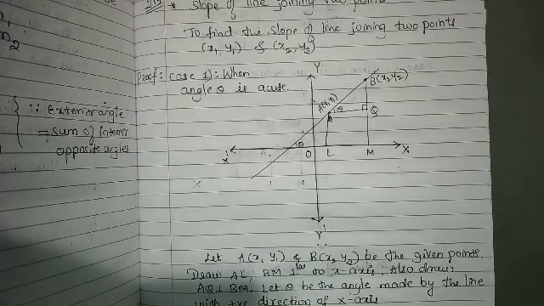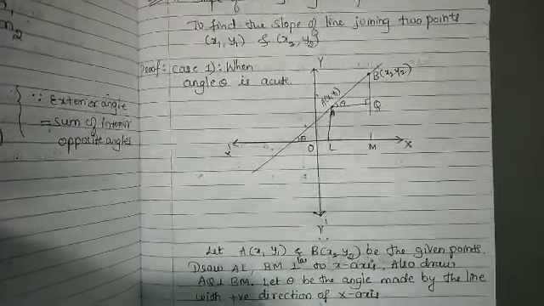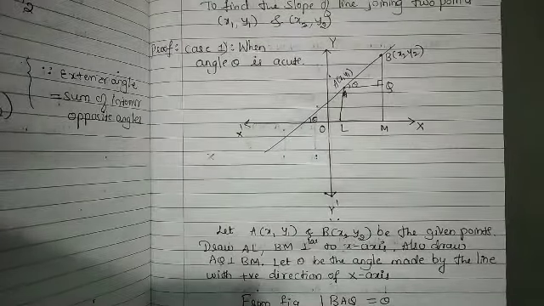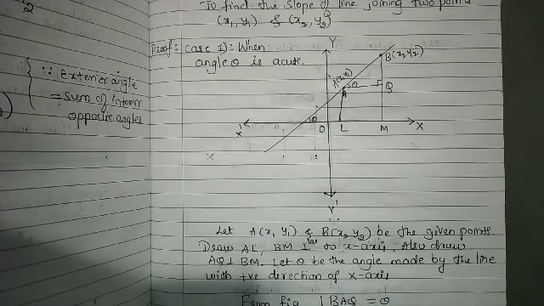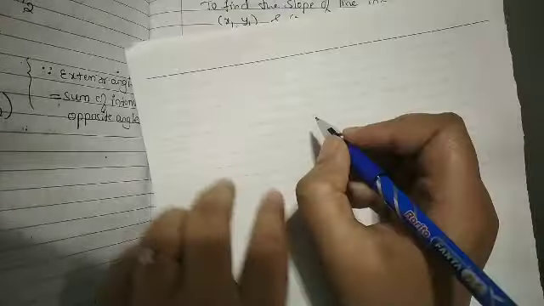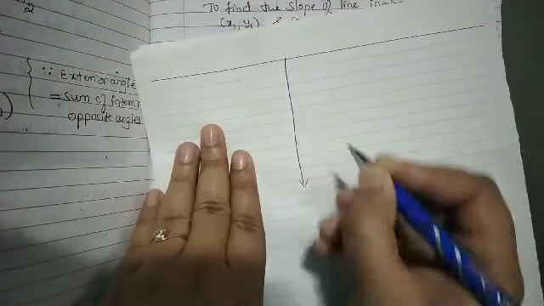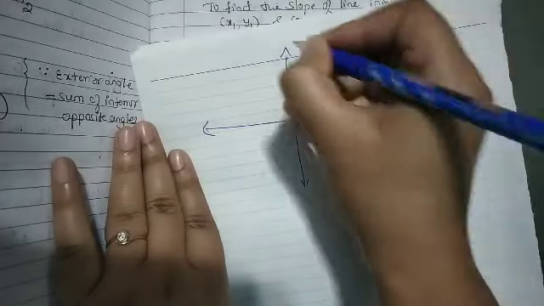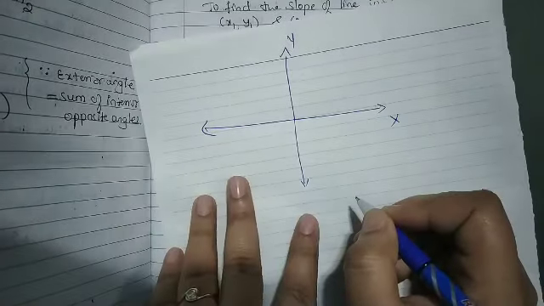Okay, so case 1, that is the acute angle, is what we will study. So let us consider two points, A of x1 y1 and B of x2 y2. Here I take the coordinate axes, that is the x axis and y axis.